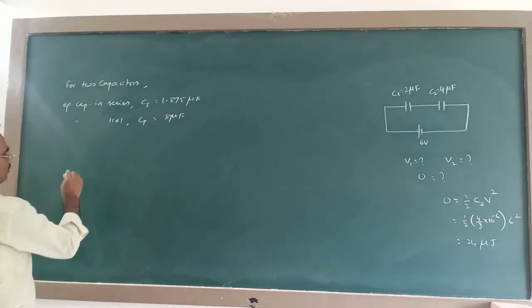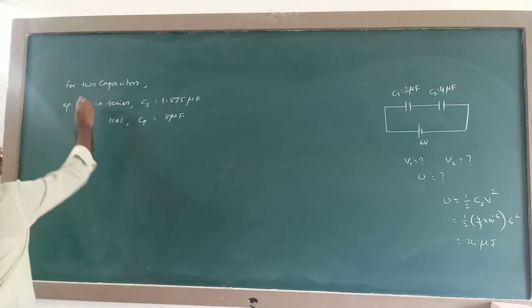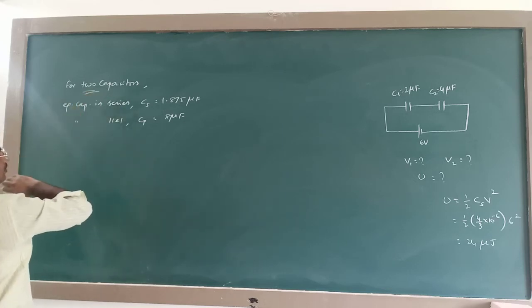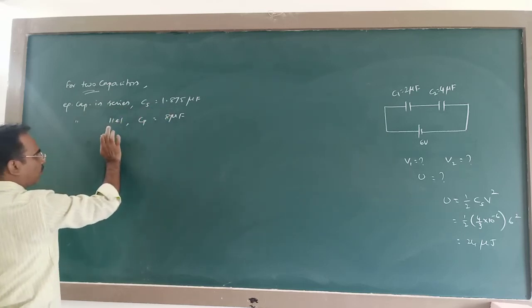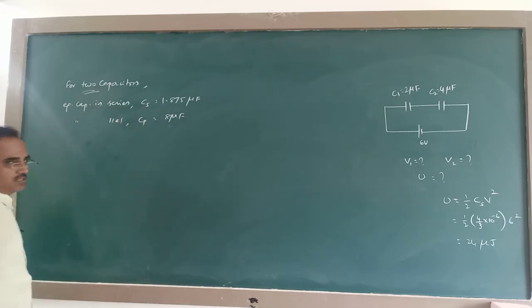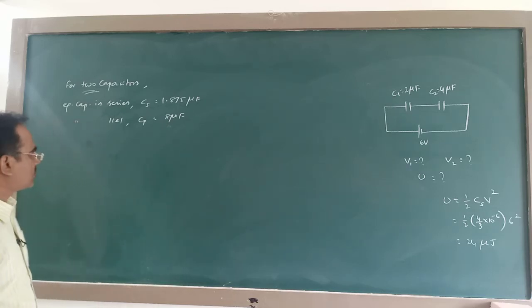You are asked to find capacitances of the two capacitors. So here there are two capacitors. When they are connected in series, this is the equivalent capacitance. When the same two are connected in parallel, this is the equivalent capacitance. So you are asked to find the individual capacitances.